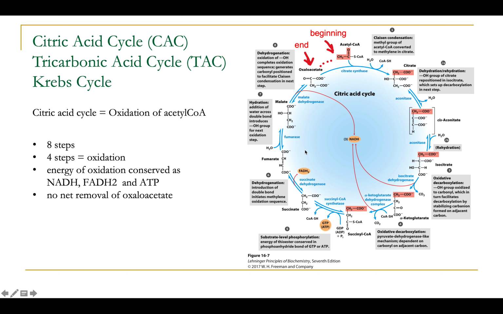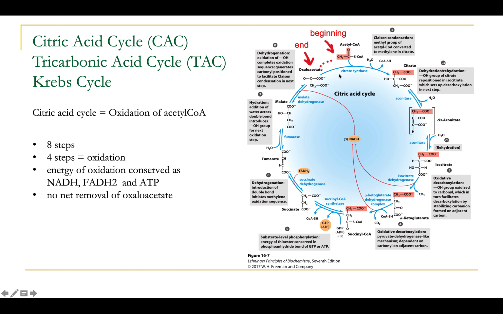And at the end, these 8 steps return back oxaloacetate, which can then be used in the next round of the citric acid cycle to oxidize 2 more carbons in the form of carbon dioxide and concomitantly release more reduced forms of electron transport carriers.